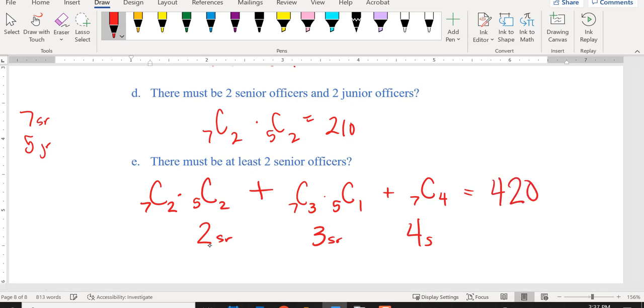Again, this is 2 senior, 2 junior, 3 senior, 1 junior, 4 senior, no juniors.